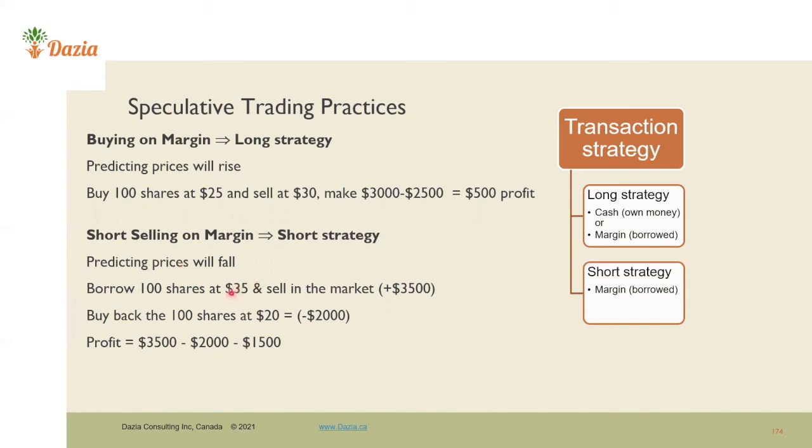First it was $35 and now it is $20. It can work the opposite. If the price goes up, then there will be a loss in this strategy. But this way of transacting is called a short strategy. In the short strategy, you can only have a margin account. You must borrow the shares. You cannot use your own shares for this benefit.